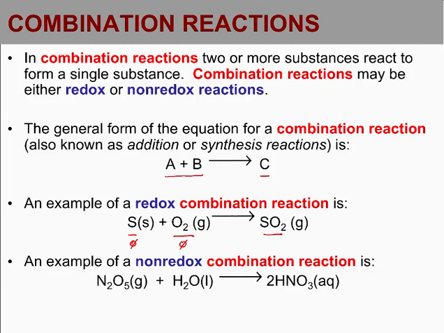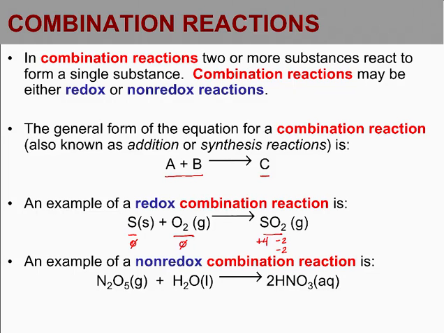And then in the product, oxygen, remember, always has a value of -2, and there are 2 of them. So that's a total of -4. So sulfur, to balance that out, must have a value of +4. So we definitely have a change in oxidation number for sulfur and oxygen over the course of the reaction. So that tells us that this is a redox reaction.